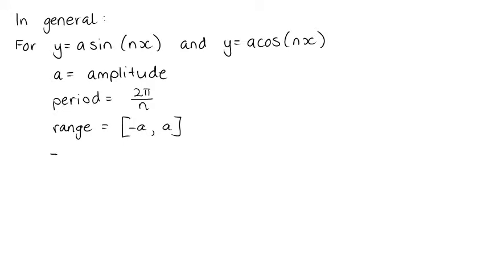If you have negative a in front, then it's just a reflection in the x-axis. So it's just the same graph but flipped upside down.